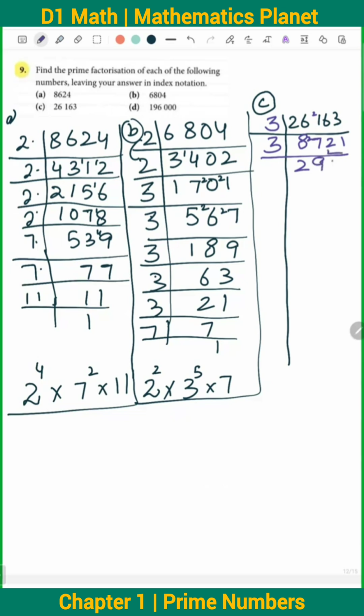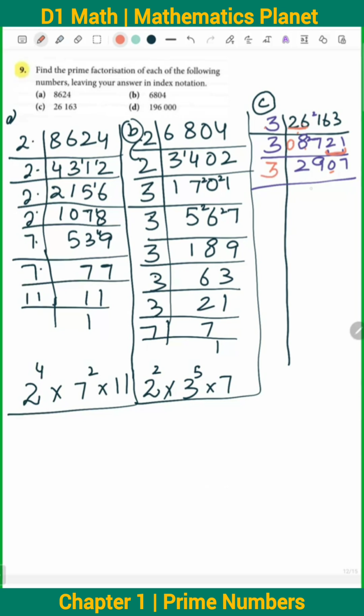Whenever you have to take two numbers together, you need to put 0. 3 times 7 is 21. If you are taking two numbers together in the first place, like this, 3 times 8 is 24, you are not going to put any 0, or you can put 0 over it. But if you take any two numbers at any later part, you have to put 1 zero. This is important.